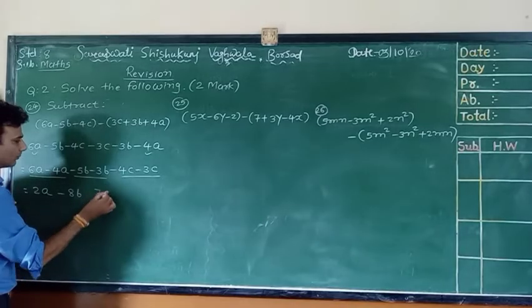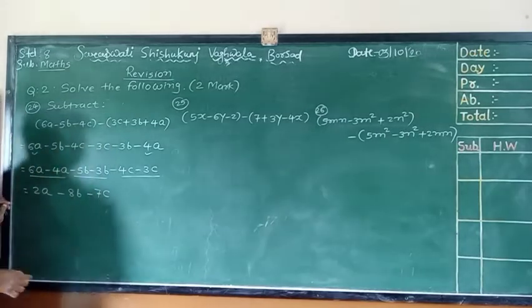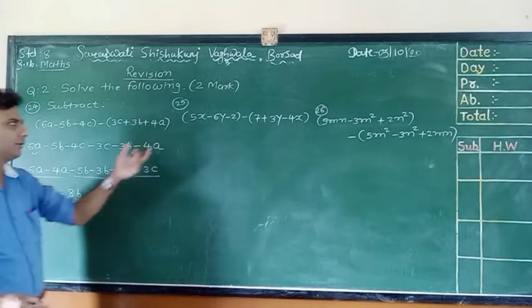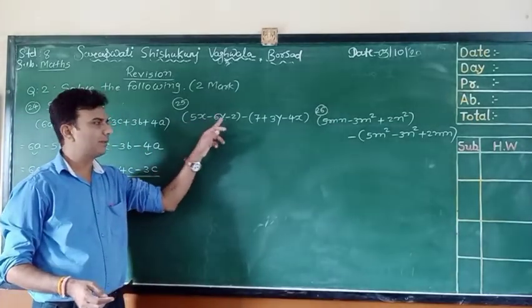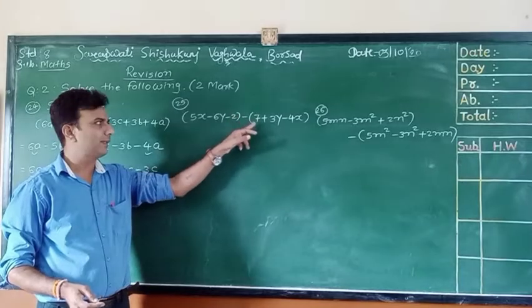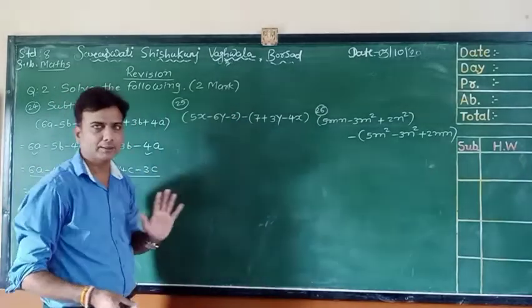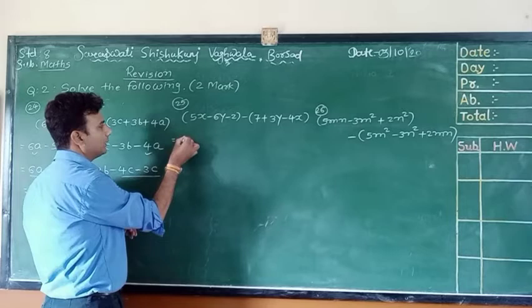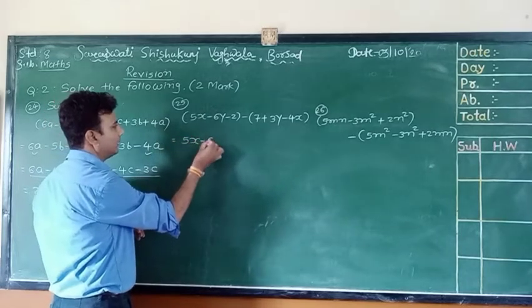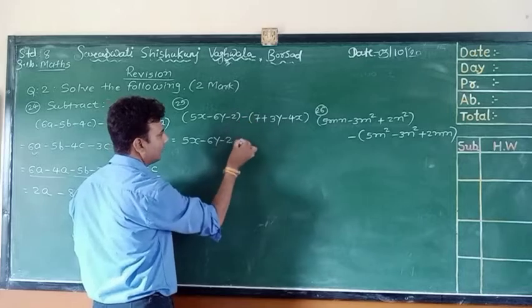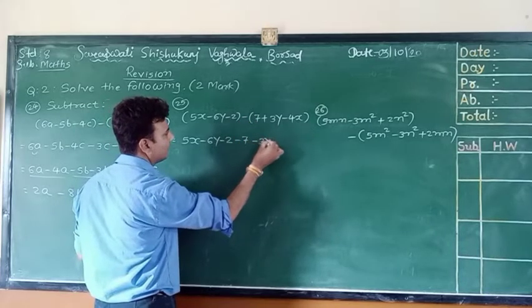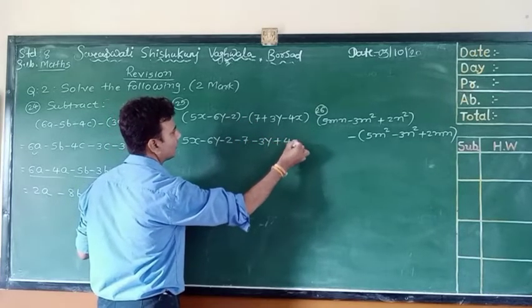Minus 4 plus 3 is 7 with digit sign minus. Now in 25th number, 5x minus 6y minus 2 minus in bracket 7 plus 3 minus 4x. So first we will write the same 5x minus 6y minus, outside left side minus to this side, which is minus 3y plus 4x.